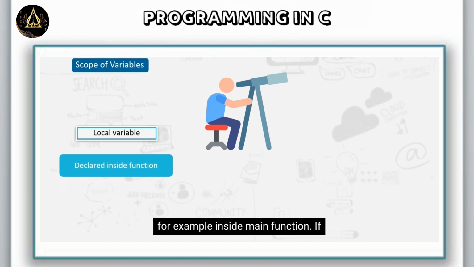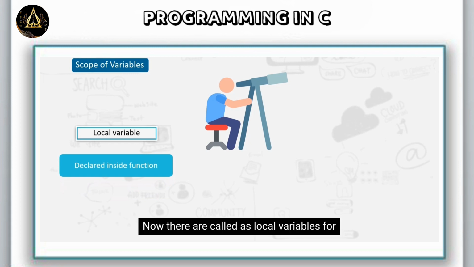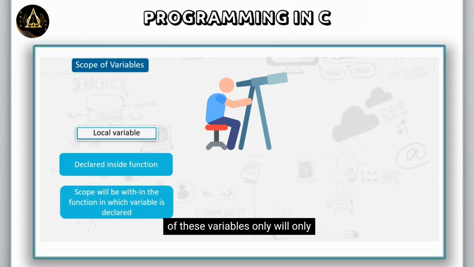For example, inside the main function, if I declare two variables, int a and b, which are of type integer, they are called local variables for the main function, and the scope of these variables will only be within the main function.